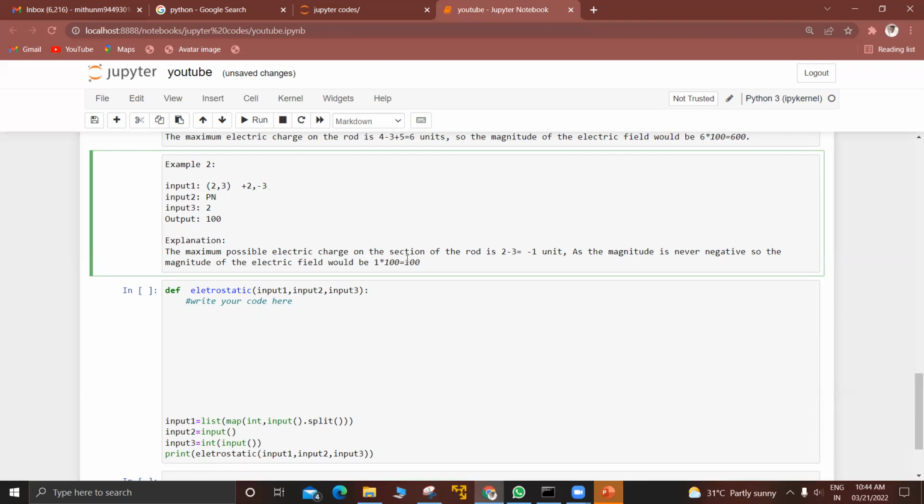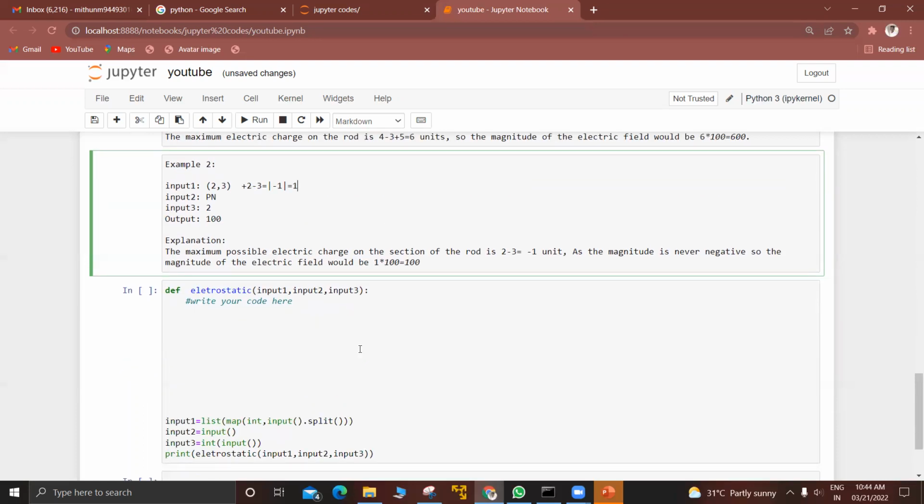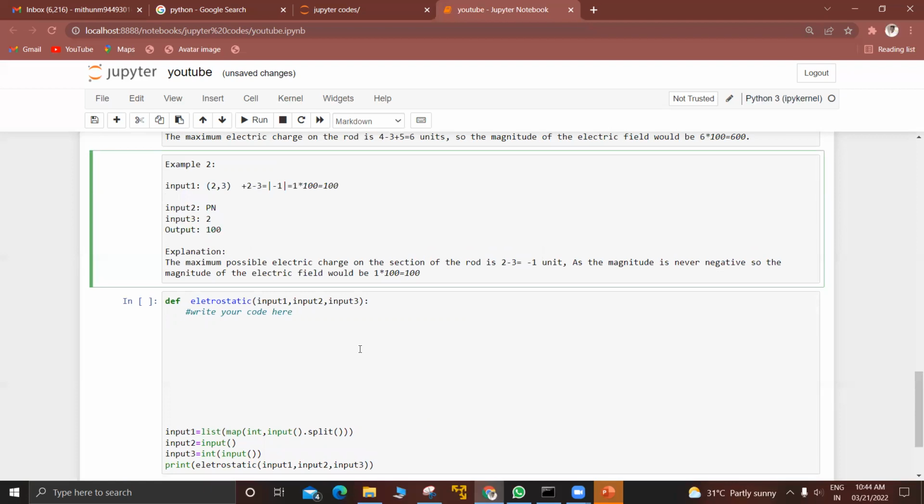The maximum possible electric charge on the section of the rod is 2 minus 3, that is minus 1. So magnitude of 1 will be plus 1. They are calculating total charge. Total charge may include positive charge as well as negative charge also. So 1 into 100 is equal to 100. So they are expecting this.